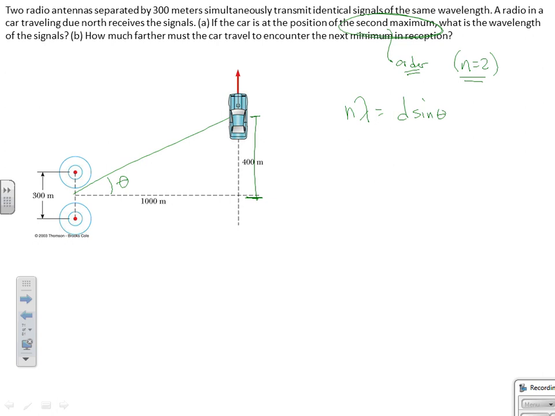Okay, so we start with n lambda is d sine theta. We're looking for lambda. Well, we need to know theta, right? Because lambda is going to be d sine theta for us, in this case, over 2. Now, theta, we just use some trigonometry here and say that, in this case, the tangent of theta is 400 over 1,000. So that angle is 21.8 degrees.